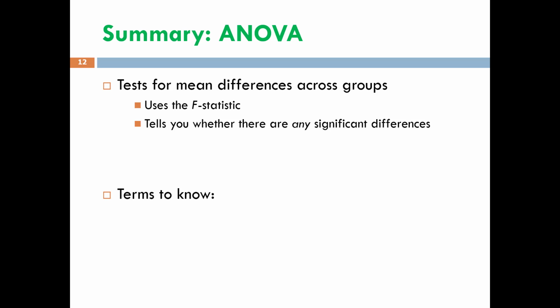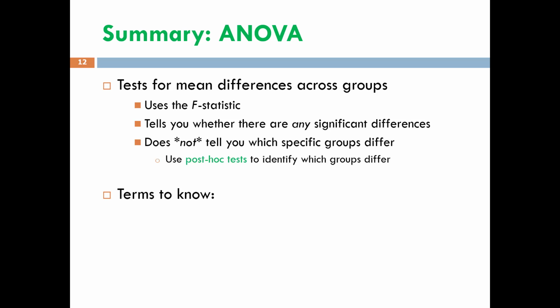Now the F statistic does not tell you which specific groups differ, and so if you get a significant result for ANOVA, which means that you get a small p-value less than alpha for the F statistic, then you need to figure out which specific groups differ using post hoc tests, and we'll cover that in the demo. So do keep your eyes peeled for when I cover the post hoc tests.